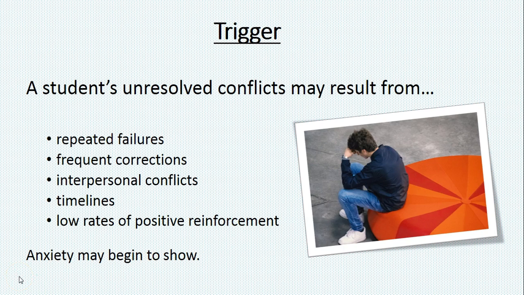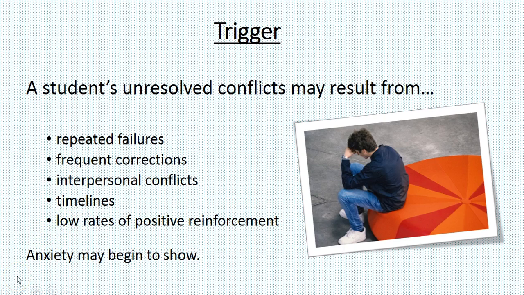Some students' triggers may be the result of repeated failures in class, frequent corrections by the teacher giving that student unwanted attention, interpersonal conflicts dealing with things that they just don't know how to deal with, perhaps the anxiety of meeting timelines is too much for a student to handle, or finally, low rates of positive reinforcement, where an individual is constantly being told what he or she is doing wrong, as opposed to being recognized for what he or she is doing right.